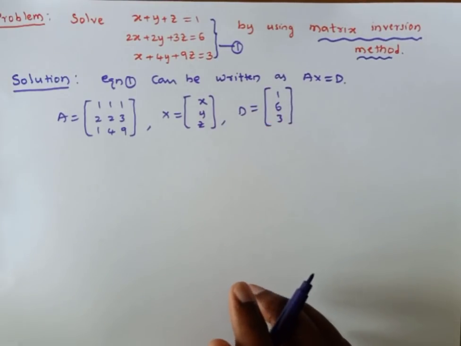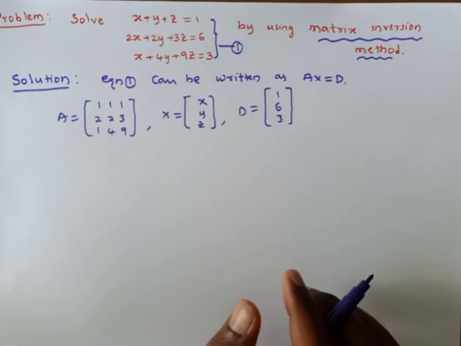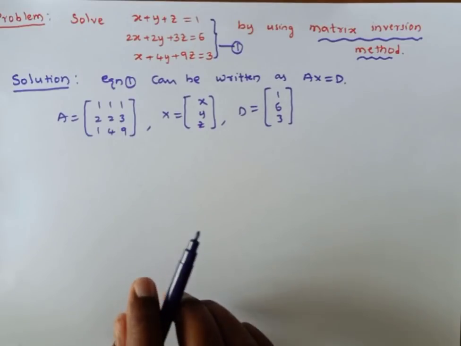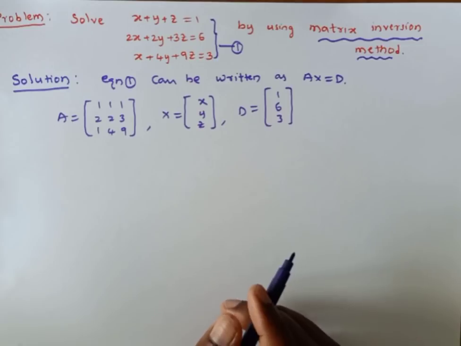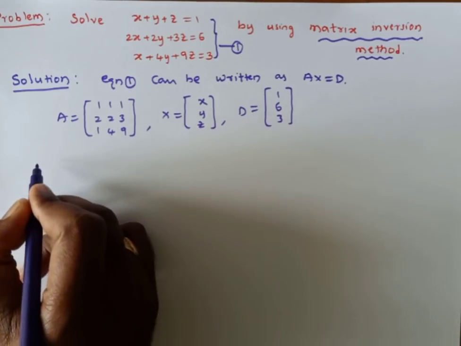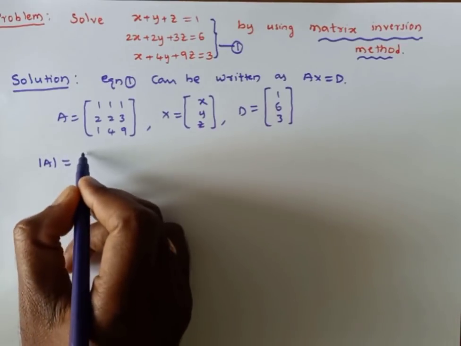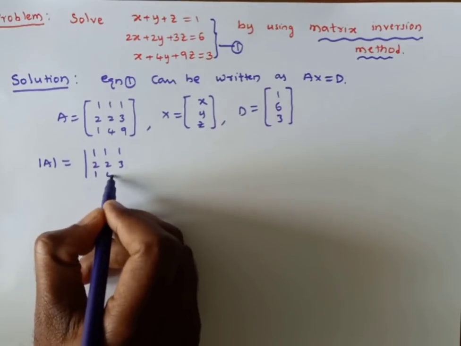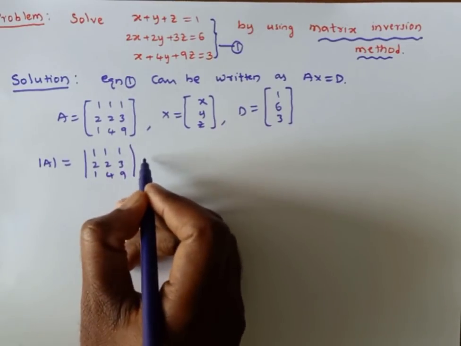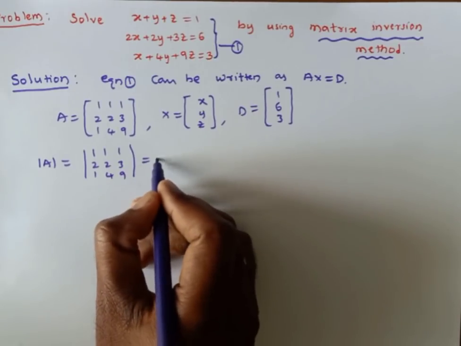So to apply the matrix inversion method for this, first you need to check whether the given matrix A is non-singular or not. So determinant of A: it is 1 1 1, 2 2 3, and 1 4 9. See, we already did this in the previous problem, so the answer is minus 3.